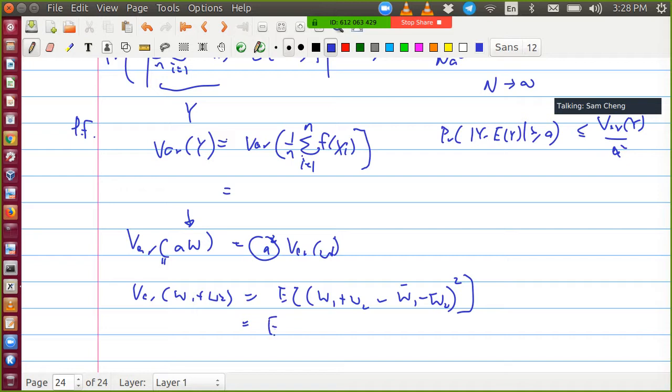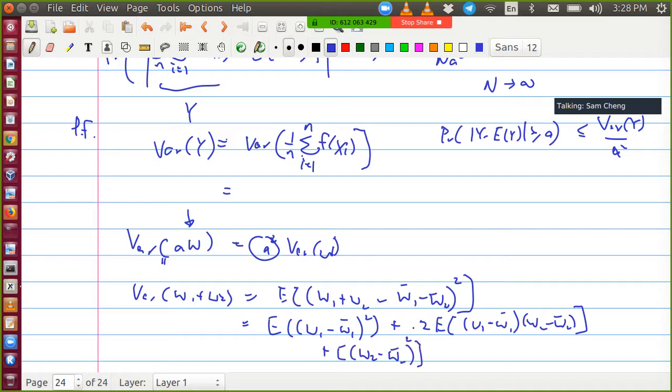I can expand that into expected value of w1 minus w1 bar squared, plus 2 times expected value of w1 minus w1 bar times w2 minus w2 bar, plus expected value of w2 minus w2 bar squared. Here w1 bar and w2 bar are the means. I'm basically just expanding the square, and because expectation is linear, I can take expectation of each term.